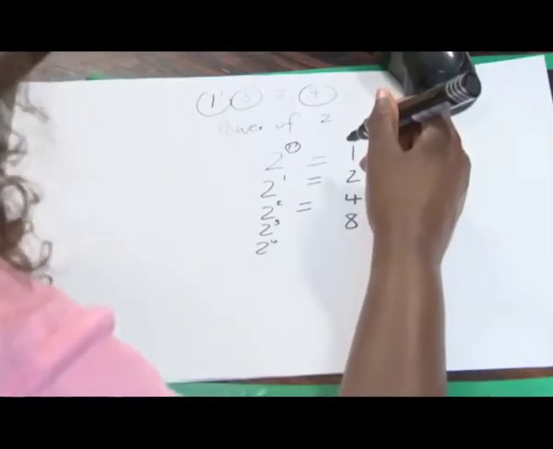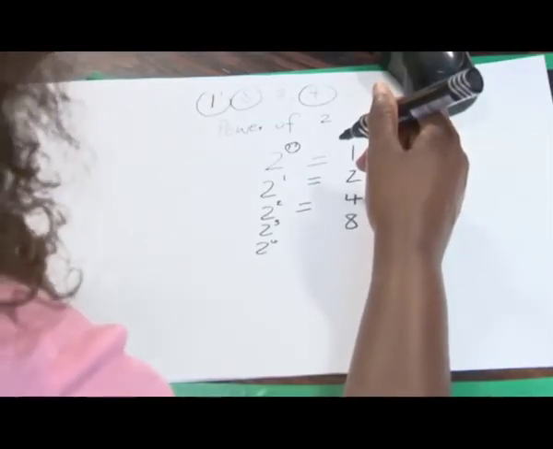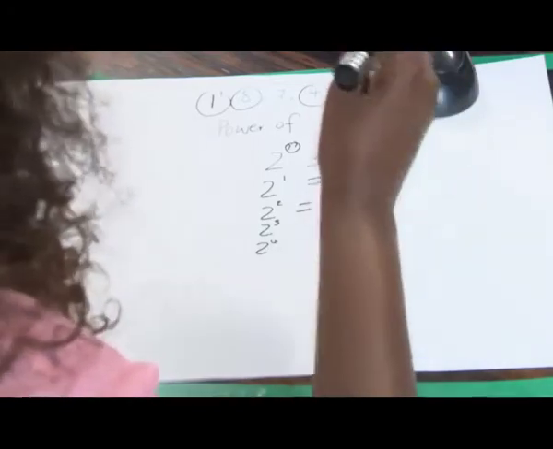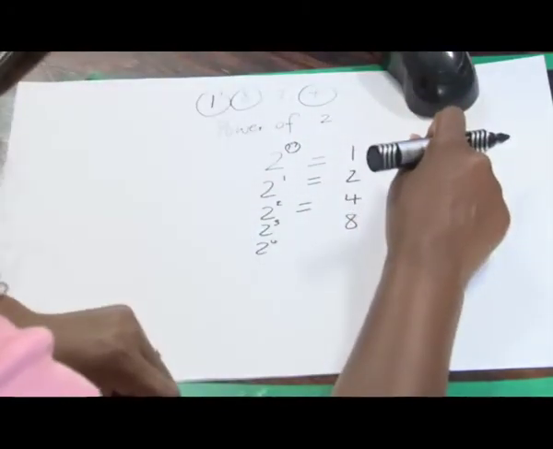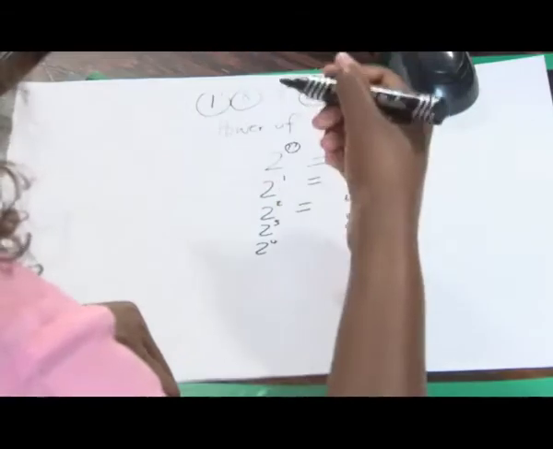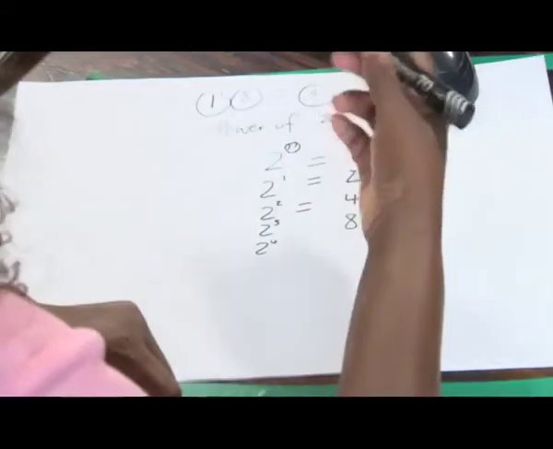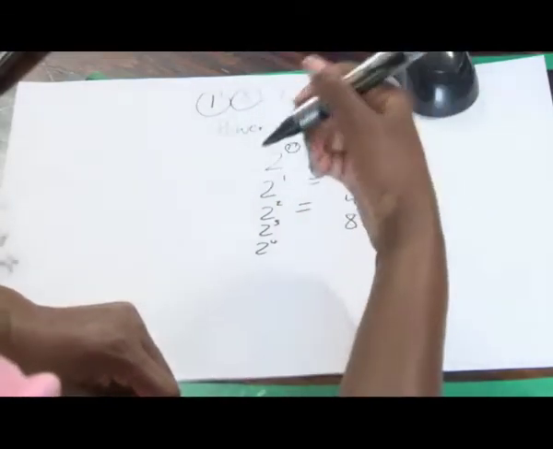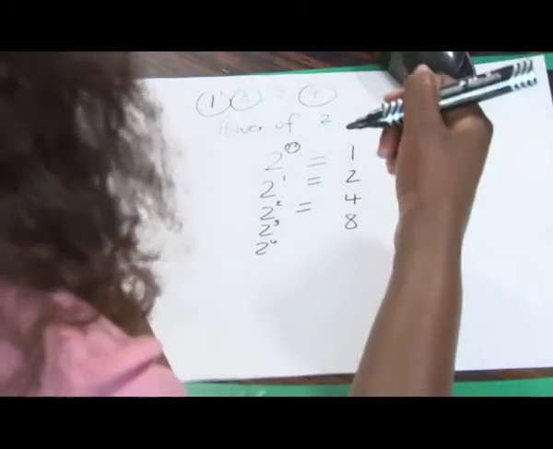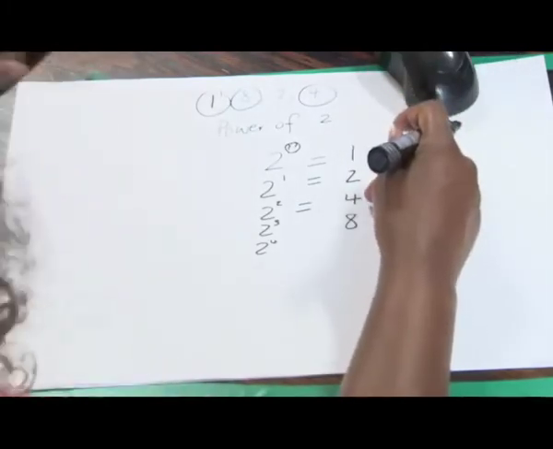For powers of 3, you start with 3 power 0, 3 power 1, 3 power 2, 3 power 3. The answer you get is a power of that number. Likewise 4 power 0, 4 power 1, 4 power 2, 4 power 3, etc. That is how we identify the powers of different numbers.